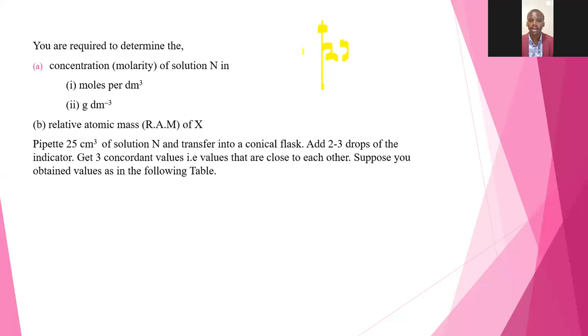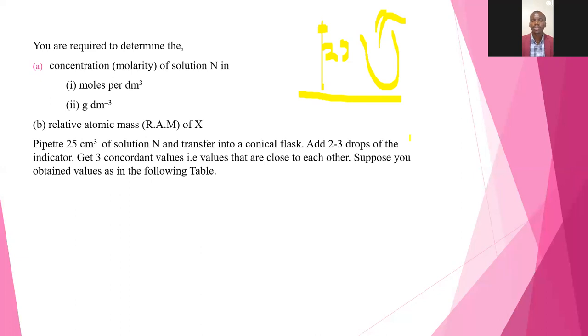Then transfer that solution into a conical flask. Then you add 2 to 3 drops of the indicator, where we were told that the indicator we were given was methyl orange. Then you do this 3 times for you to get the values which are concordant, or close to each other.